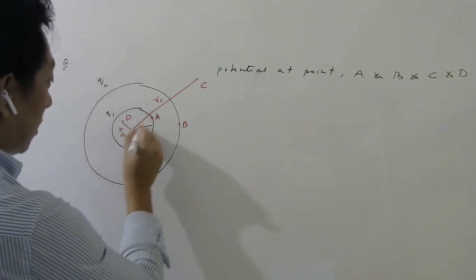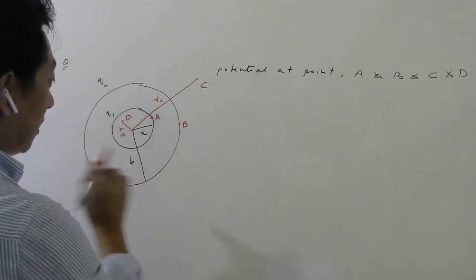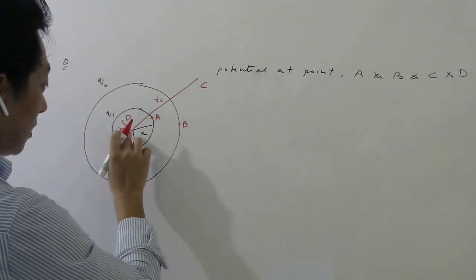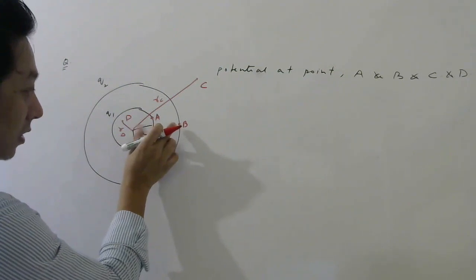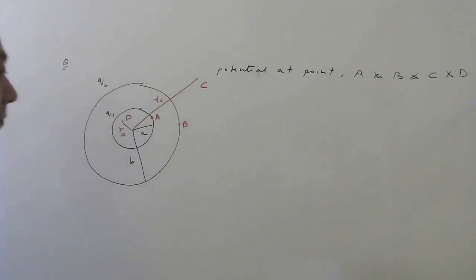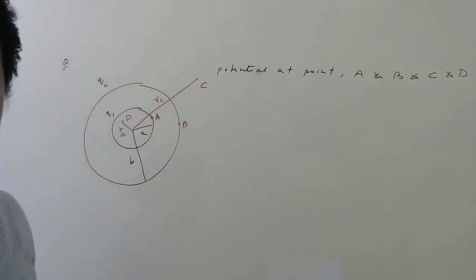A is at small a from the center. Point B is at distance B from the center, which is nothing but the radius of the bigger shell. I want potential in terms of whatever I've given.